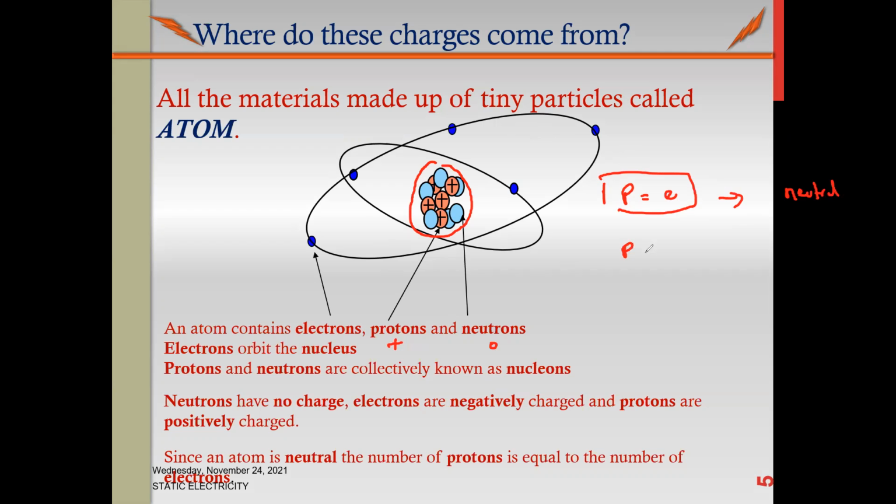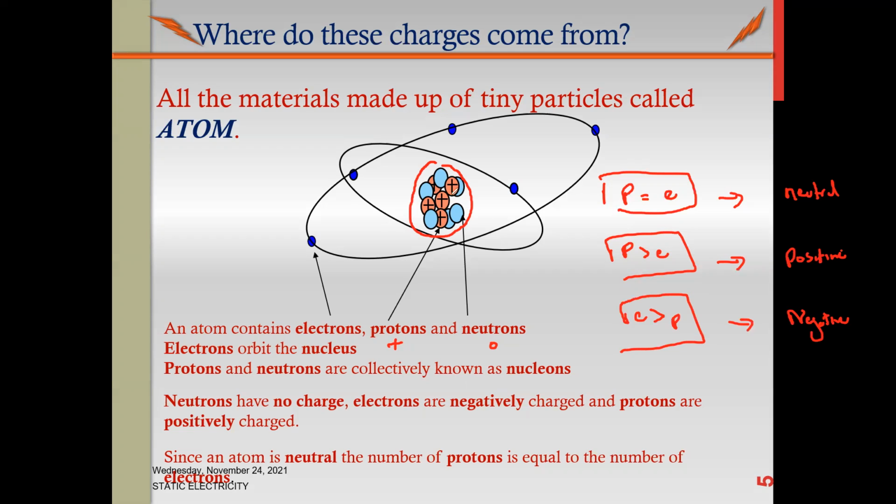But if the number of protons is more than the number of electrons, then it will be a positive charge. And if the number of electrons is more than the number of protons, then it will be negatively charged.